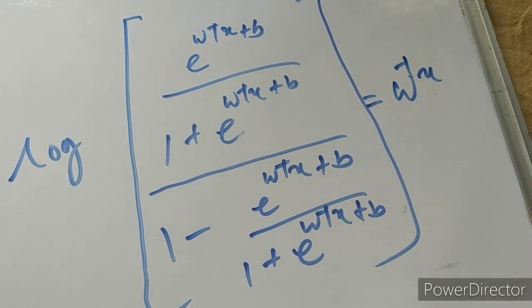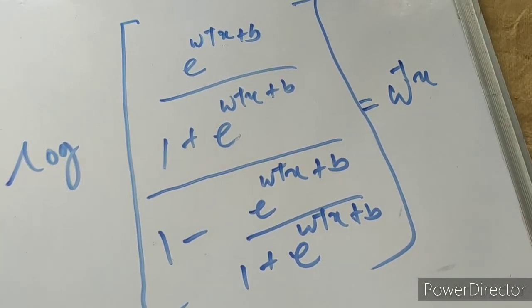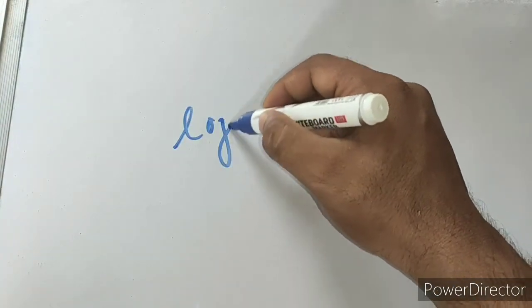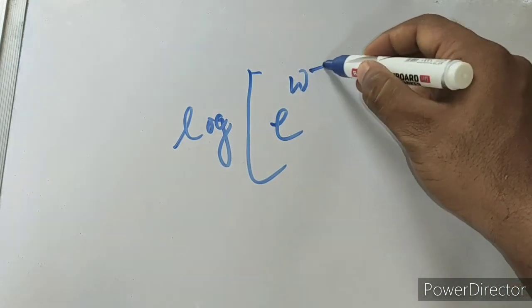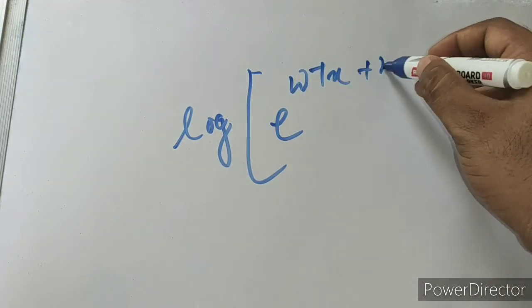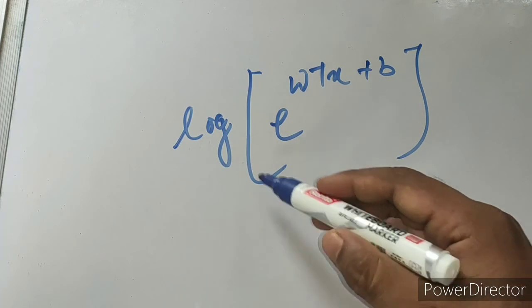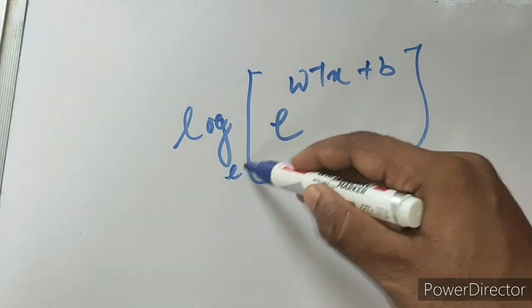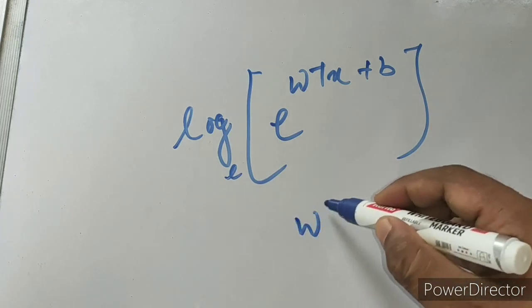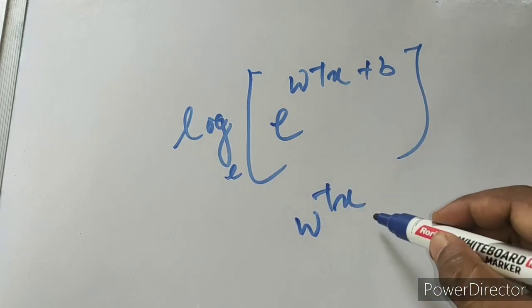W transpose X. How it happens, I'll tell you. The formula will give you the result something like log of e to the power W transpose X plus b. So if log is outside and e is inside, so it is log of e. Ultimately it will be W transpose X plus b.